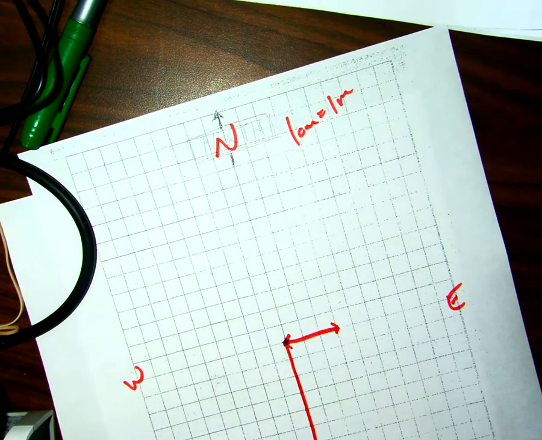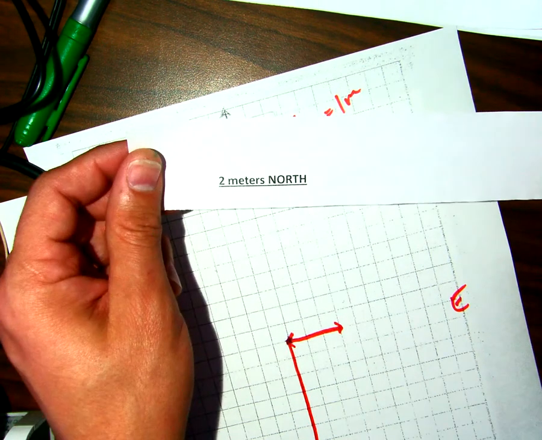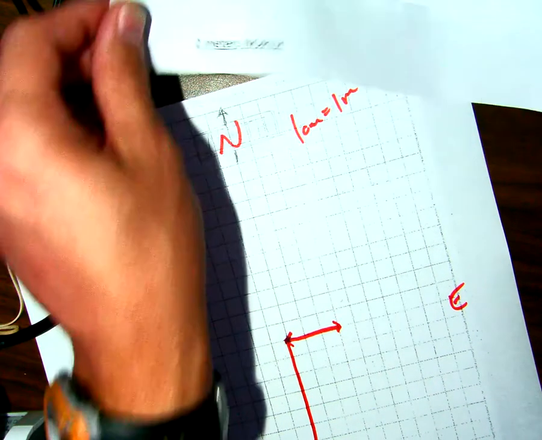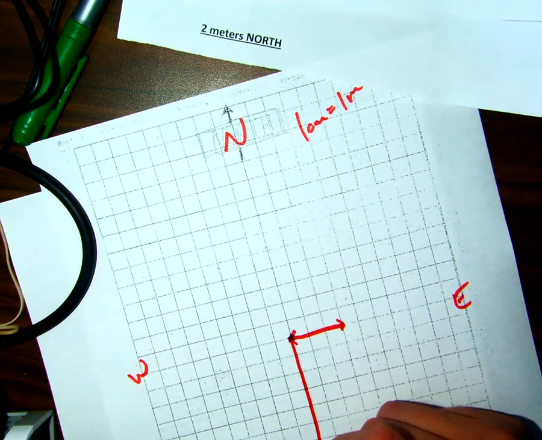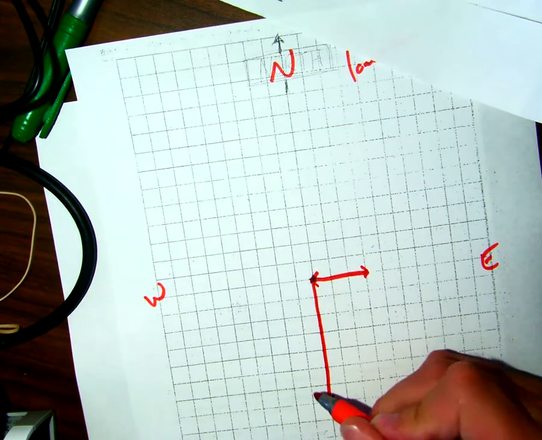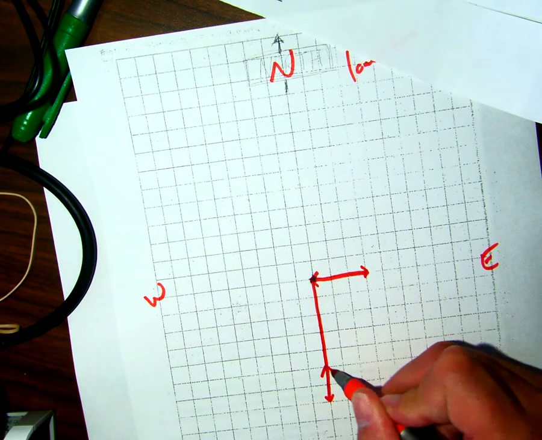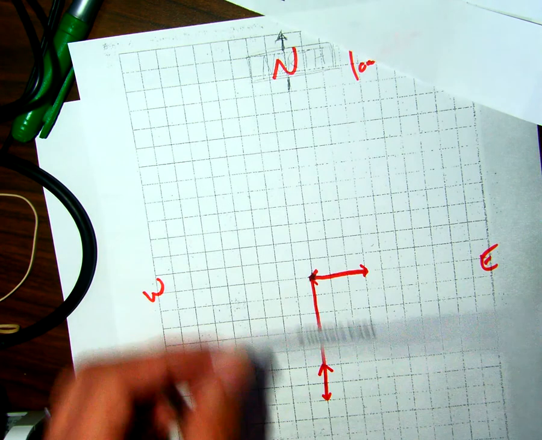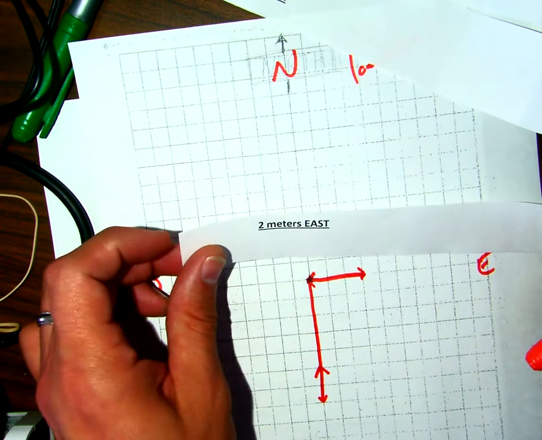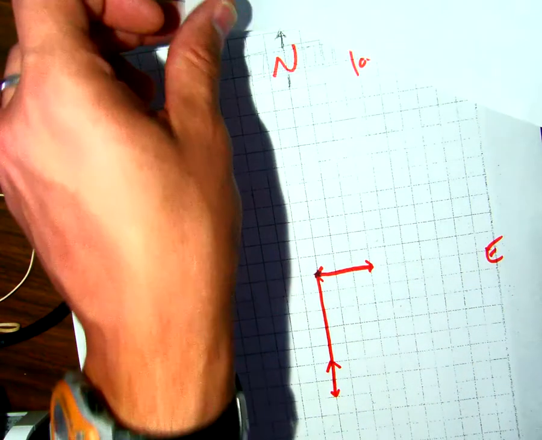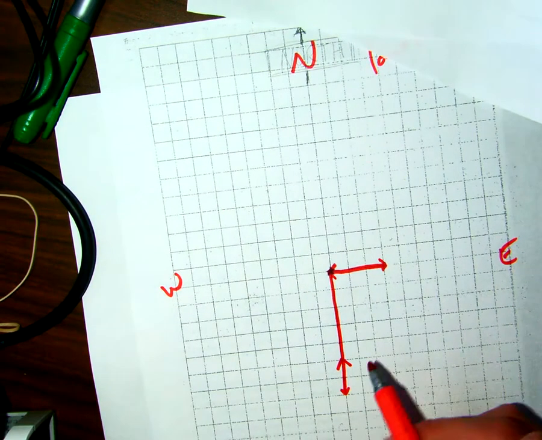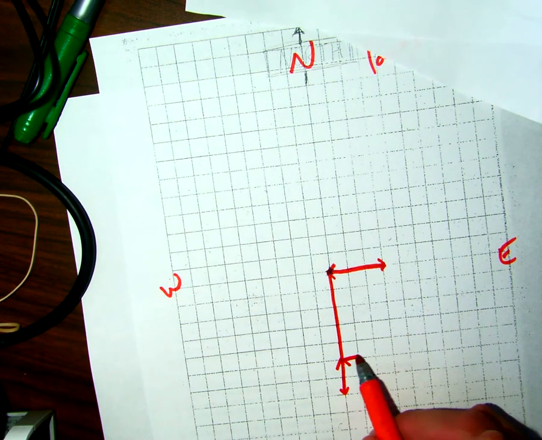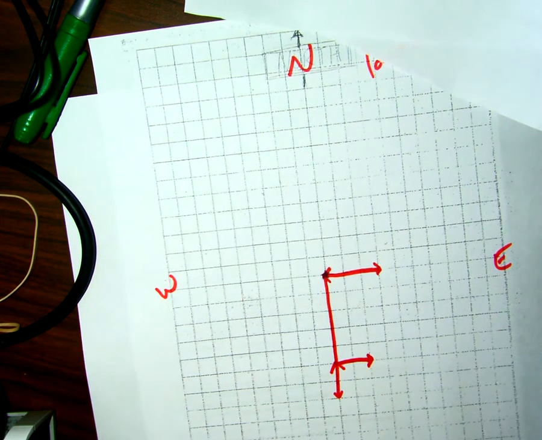My next is 2 meters north, so I'm going to go back 2 meters from where I am right now, 1, 2. Now I'm at this point. I draw another one: 2 meters east. From this point, I'm going to go 2 east, or to the right, 1, 2, and that puts me right here.